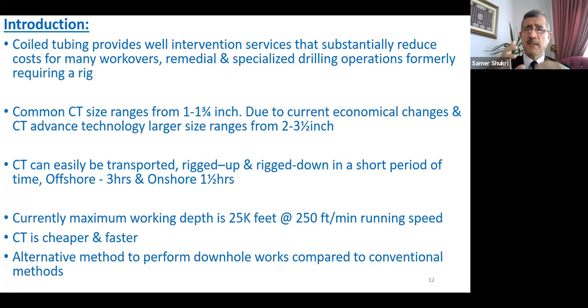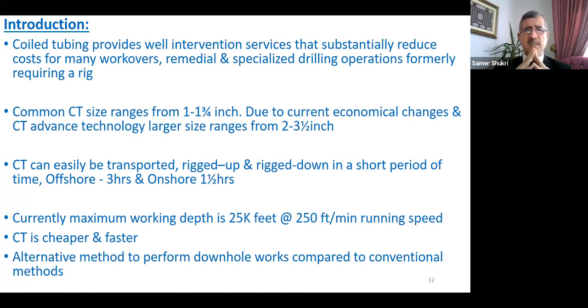We can make a treatment for the reservoir. We can do isolation, fishing. We have too much variety of operations using the coiled tubing. It is a very, very fantastic invention in the oil industry.